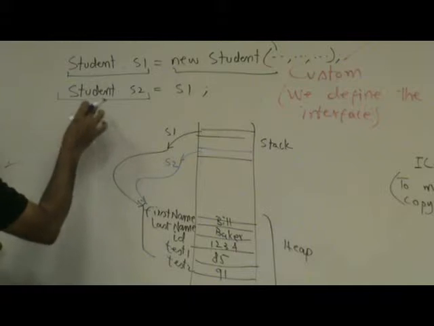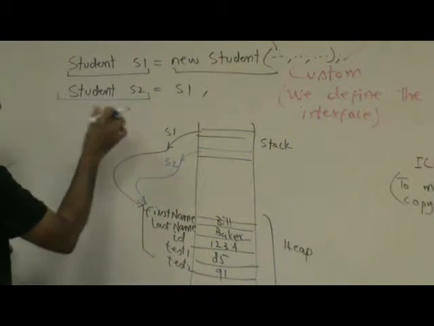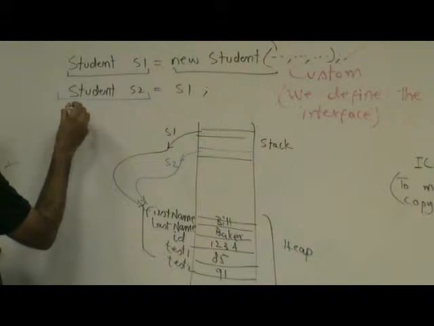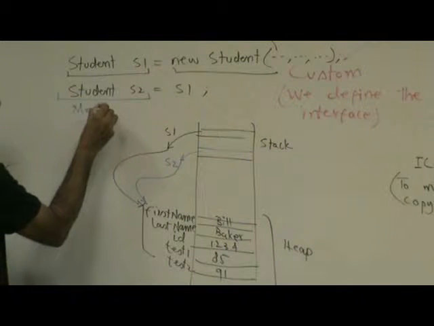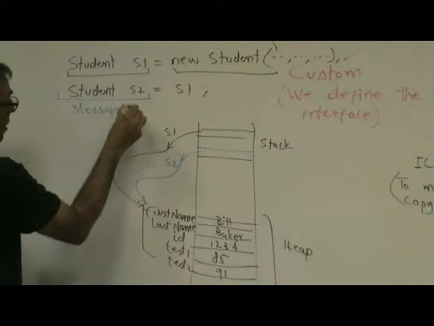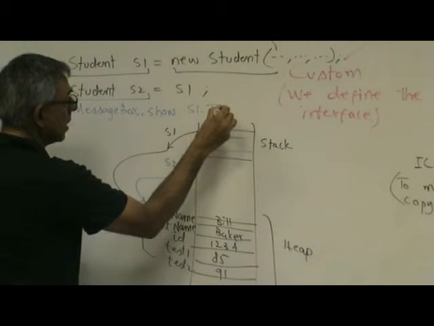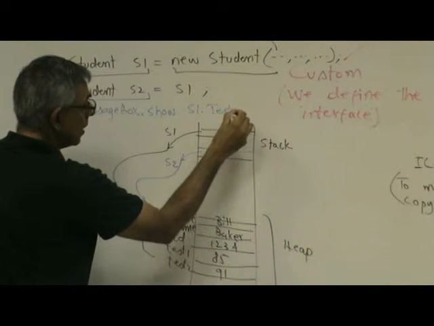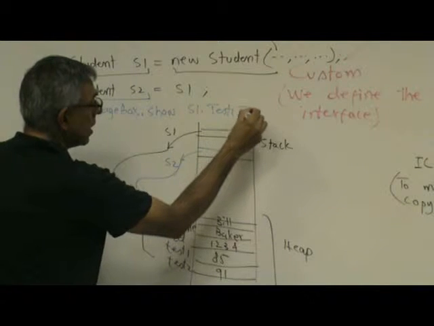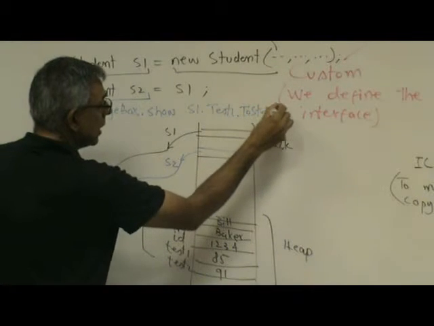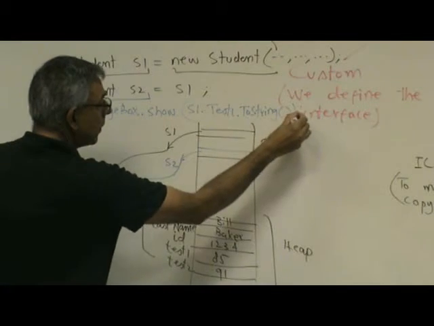So for example, after we assign S2 to S1, if you did, let's say, message box.show, let's say S1 dot test1 dot toString, what will you see in this example? 85.